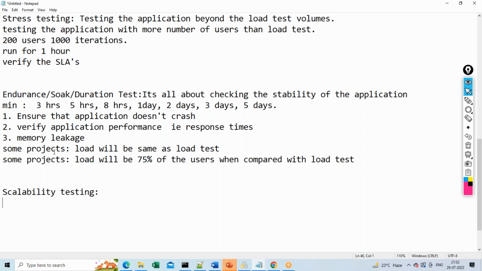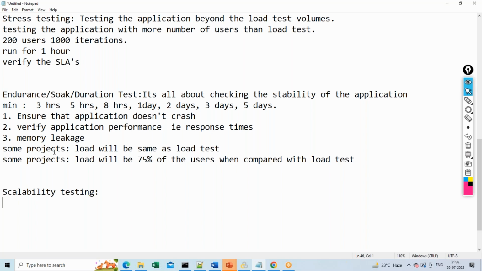Generally what happens is, you have done the load test, let's say with 100 users. Now the client is saying, hey, currently my application is okay with 100 users, but maybe after 6 months or maybe after 1 year, my application might have 2 times or 3 times more load.